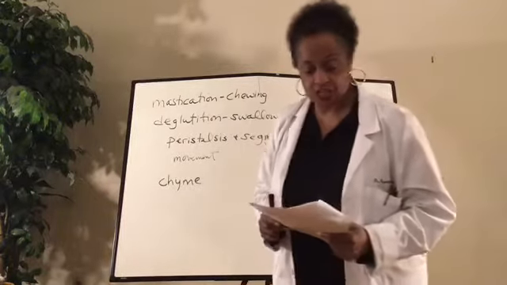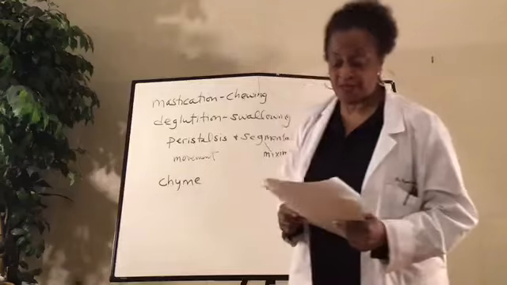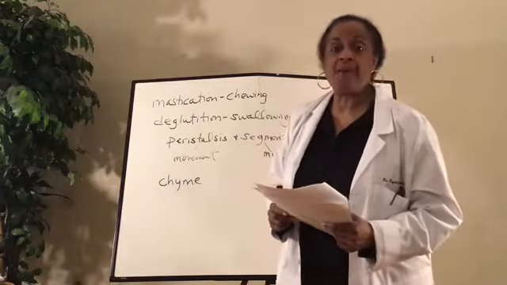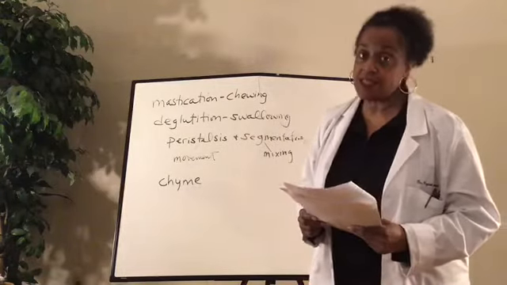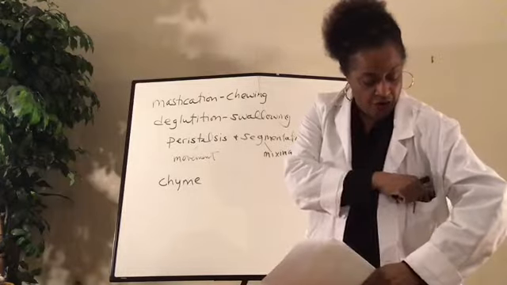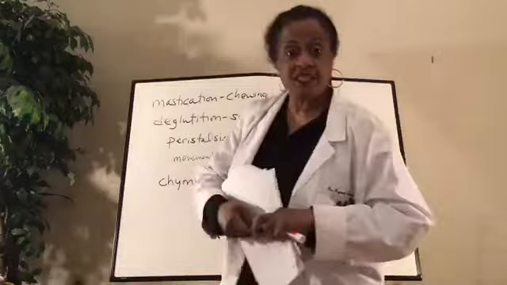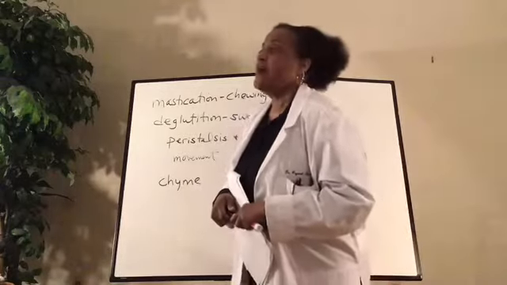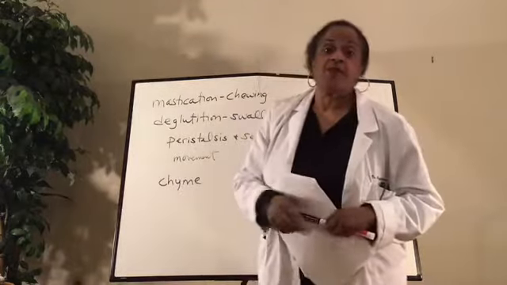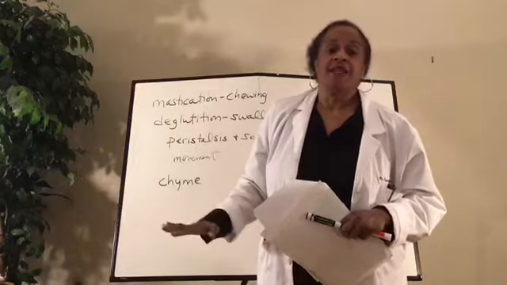Changing the pH changes the shape of an enzyme molecule and may make it inactive. So that's how important it is. I need you to remember that enzymes are specific. Any change in their pH can make that enzyme inactive.